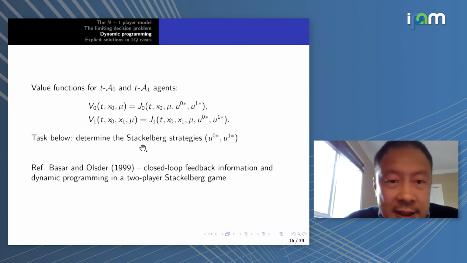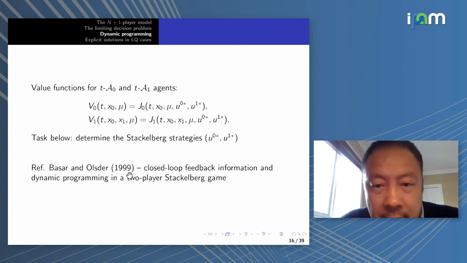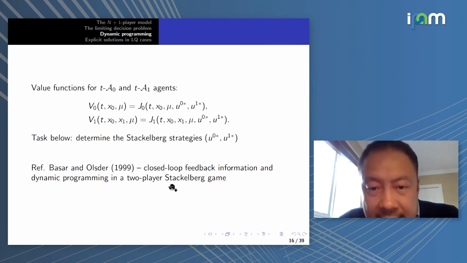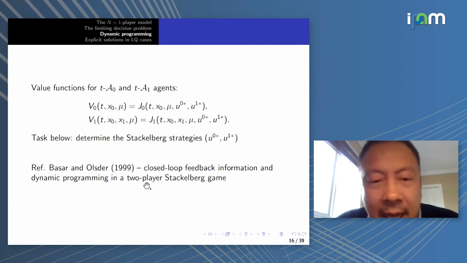Actually, we will adapt some ideas in the literature. This is the textbook by Professor Bashar and his co-author. This approach was actually introduced much earlier in the 80s by Professor Bashar and another co-author.